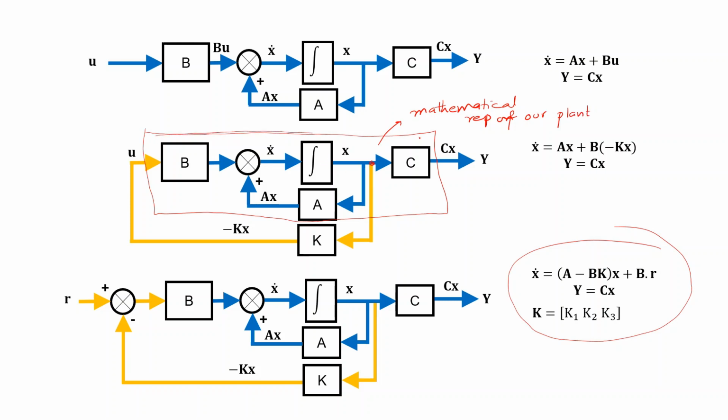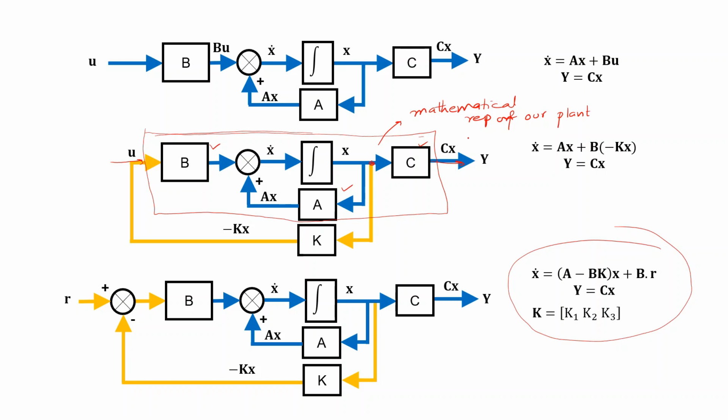We will find out A matrix of the system, B matrix of the system, C matrix of the system by writing the governing equations of that plant. Maybe it may be a DC motor, so you know the governing equations of DC motor. From that you can find out A, B, C, D of the DC motor. And then actually it is just a DC motor having some input. In the practical world we will be having some input to this motor and we will be having some output from this motor.